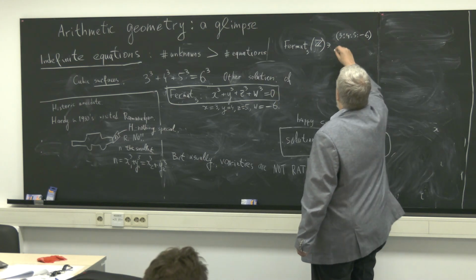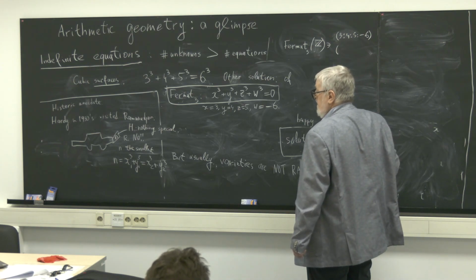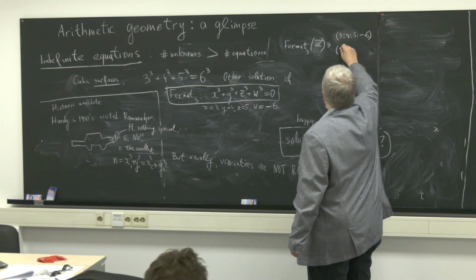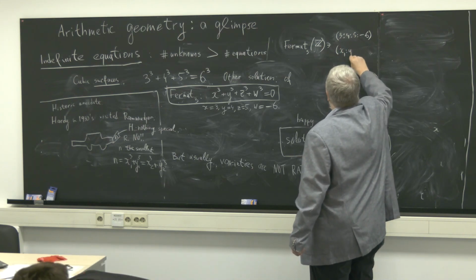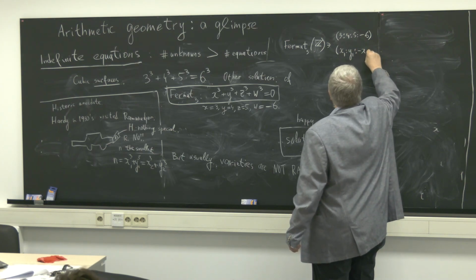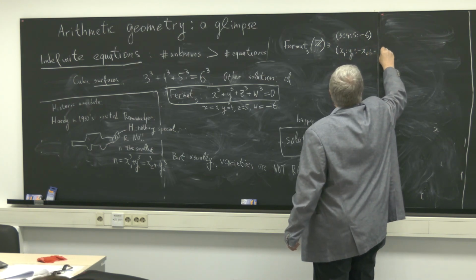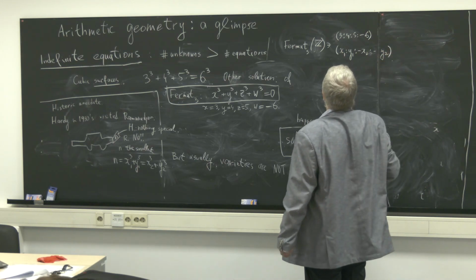and then Ramanujan's x1, say y1, negative x2, negative y2.